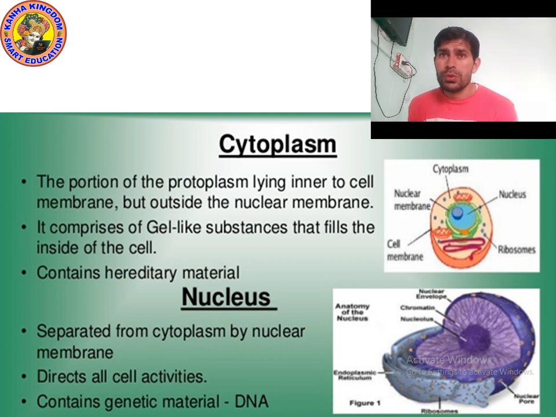Cytoplasm is the portion of protoplasm lying inner to the cell membrane but outside the nuclear membrane. It is found inside the cell membrane and outside the nuclear membrane, which means it is between the nucleus and the cell membrane.